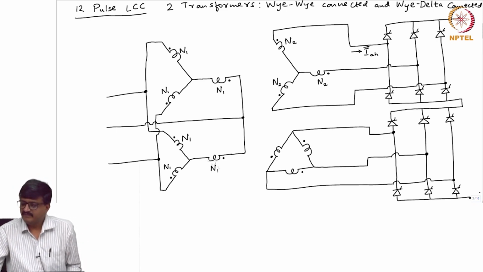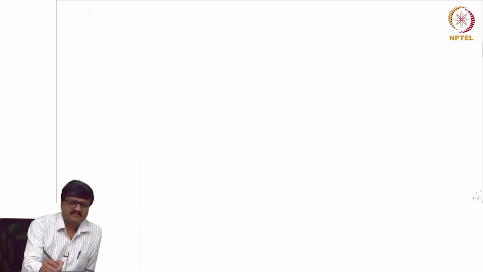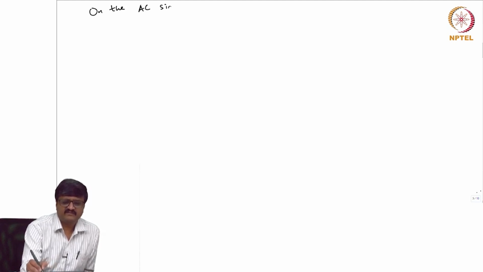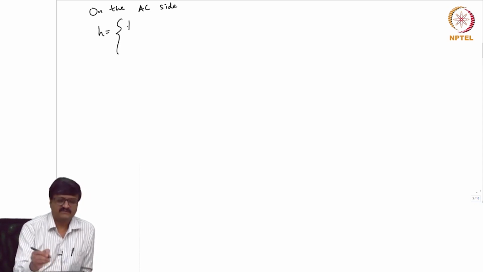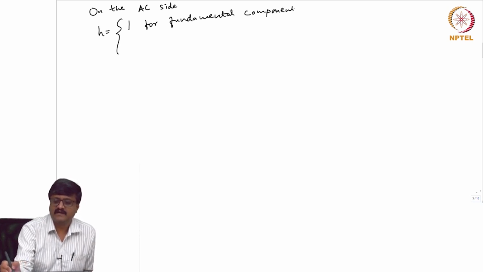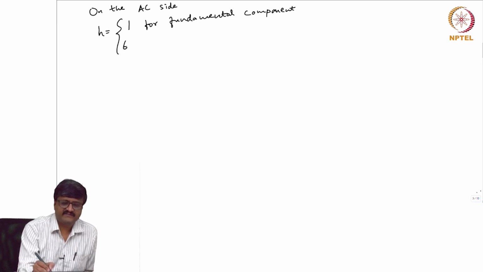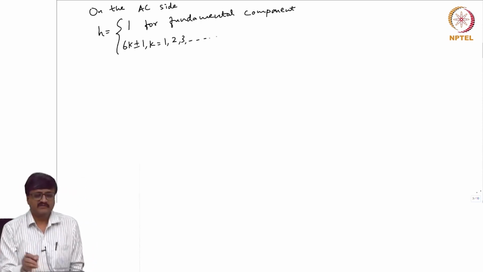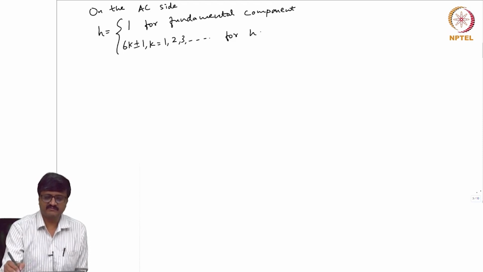Now, here this H on the AC side, what we mean is H takes a value of either 1. So, if it takes 1, it is for fundamental component. And if it takes a value 6k plus minus 1, where k is either 1, 2, 3 or so on up to infinity, this is for harmonic components.